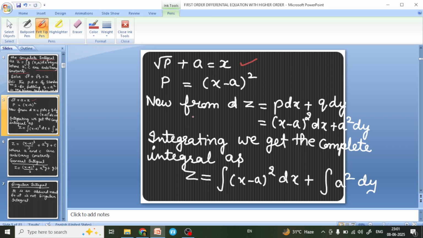After that, p equals x minus a, whole squared. Now from dz, the equation is p dx plus q dy. Instead of p we write x minus a whole squared, and instead of q we write a square.